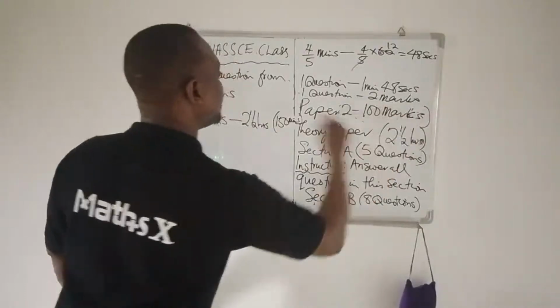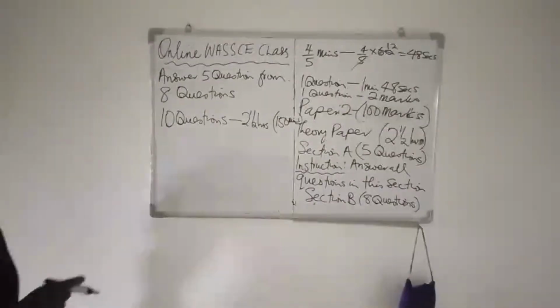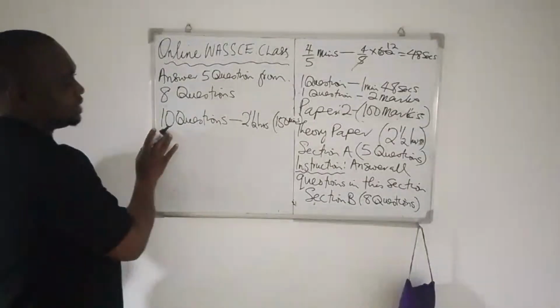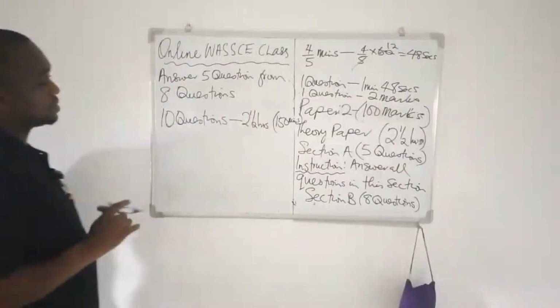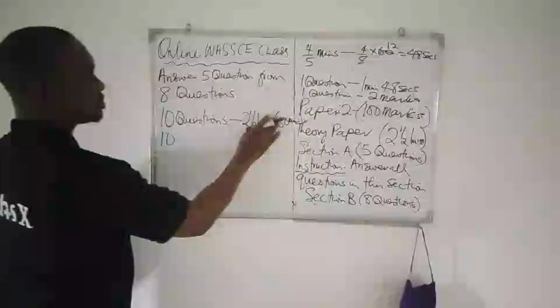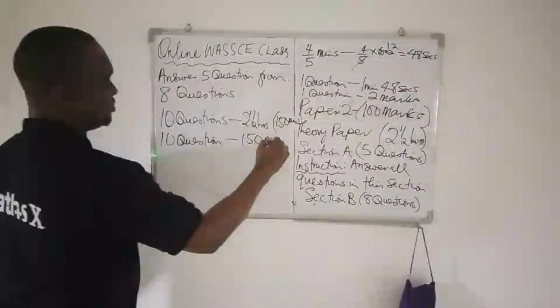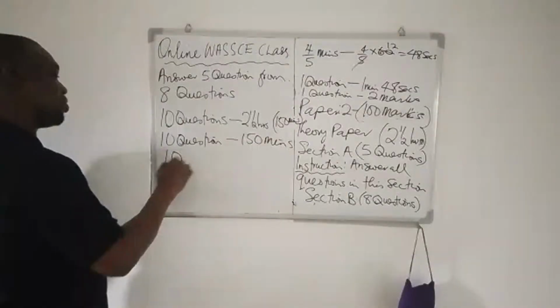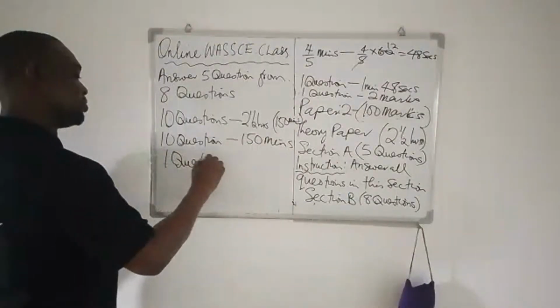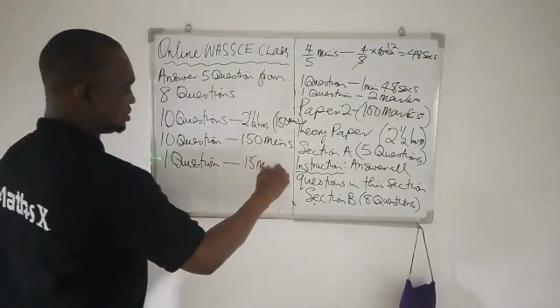So 100 marks allotted for your paper 2. All right. So you are to answer 10 questions in 150 minutes. So if 10 questions in 150 minutes, each question, my dear students and viewers, should be treated in 15 minutes.